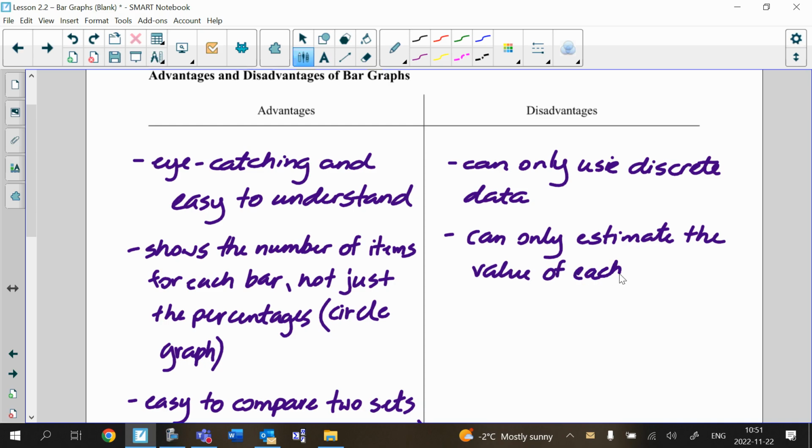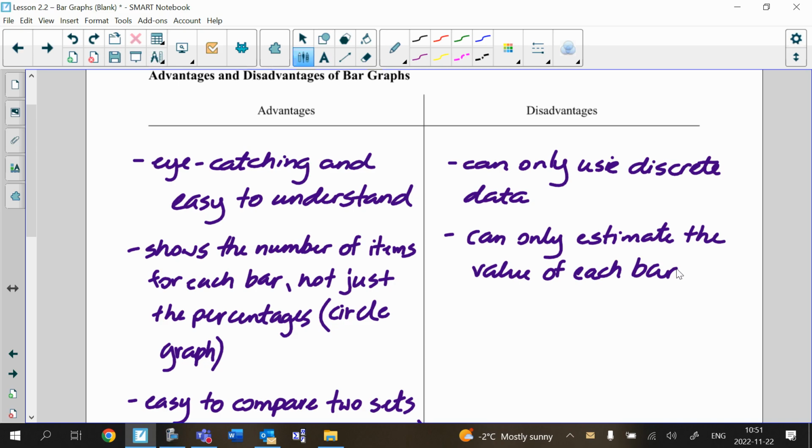Some are pretty easy to read, like the one that we did, let's see, where's the one that we did? On the indigenous languages, that would be kind of hard to read because some of the numbers were like 47,190. So you could estimate on your bar graph that it's around 47,000, but you're not going to be able to get the 190 by estimating.